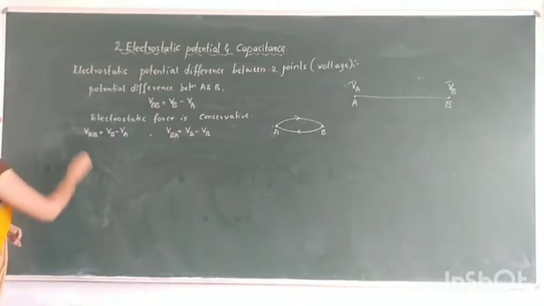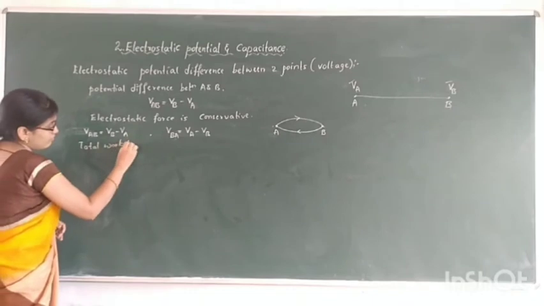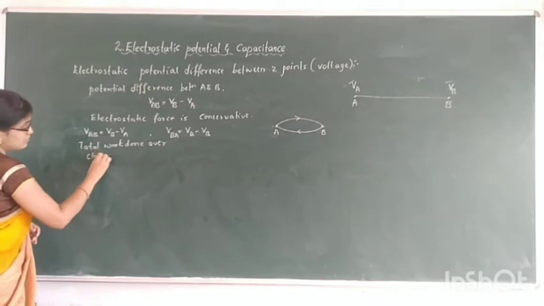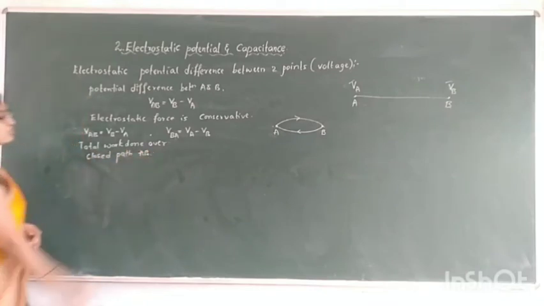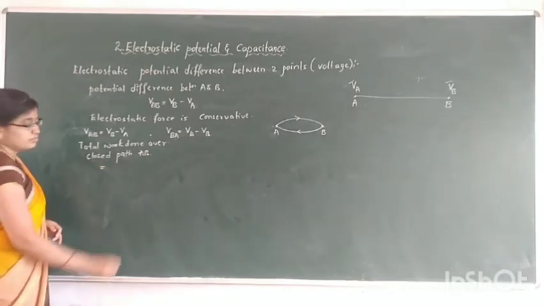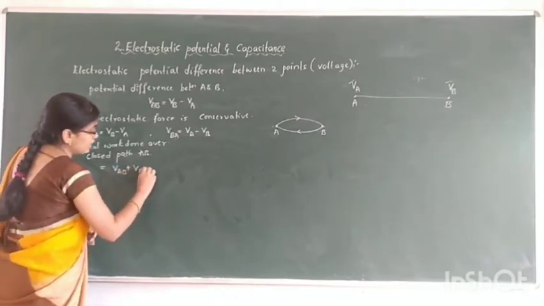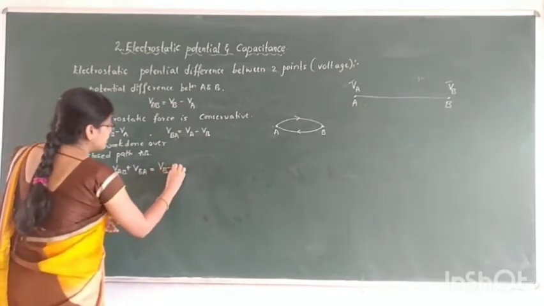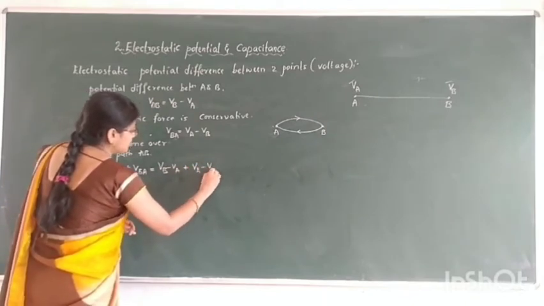Now the total work done over a closed path AB equals VAB plus VBA, equal to VB minus VA plus VA minus VB.